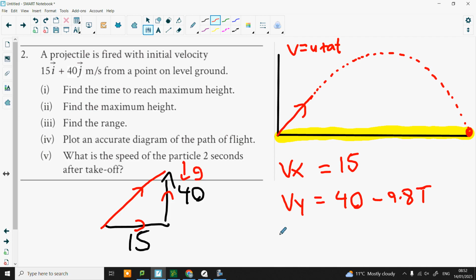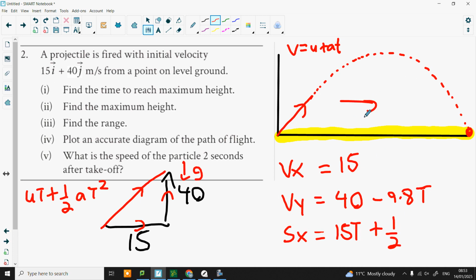Okay, let's go to Sx. How do you calculate how much distance you traveled in this direction? Why don't we use the formula ut plus a half at squared? What's u in the x direction? What's your speed in the x direction? 15 multiplied by time plus a half.